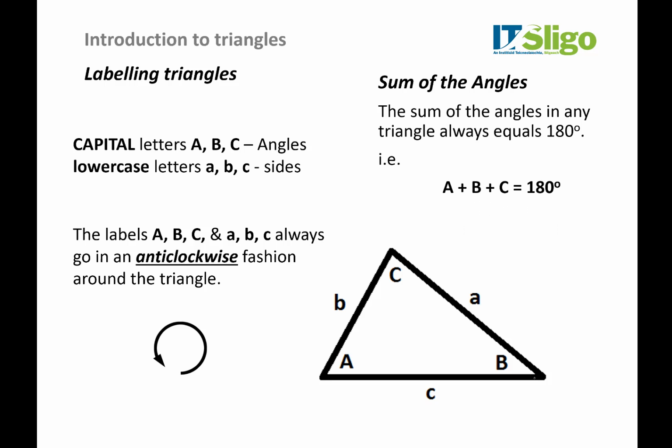And similarly, the angle B plus this angle I'll just call D, D plus B is also 180 degrees. If we make a straight line from an angle, the exterior angle and the interior angle add to 180 degrees.